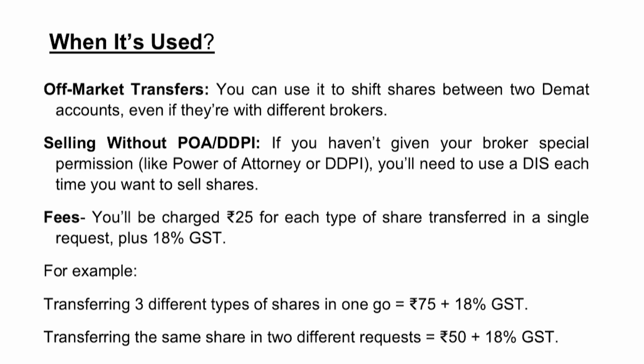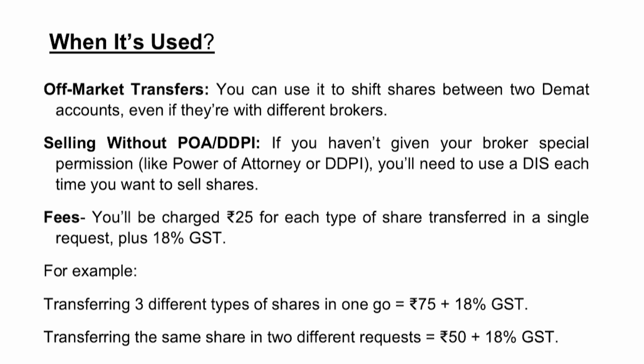The delivery instruction slip is basically used when you are interested in an off-market transfer. That means it can be used to shift shares between two demat accounts if they are with different brokers and the investor wants to trade offline. You can use the delivery instruction slip when you have not given the power of attorney or DDPI to the brokers or depository participant, giving them the right to invest or transfer your shares on your behalf.